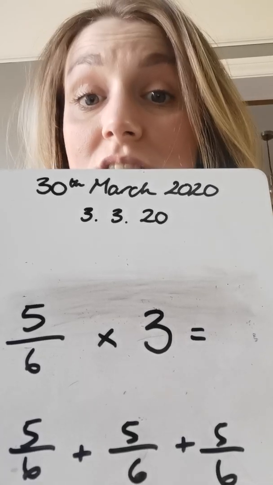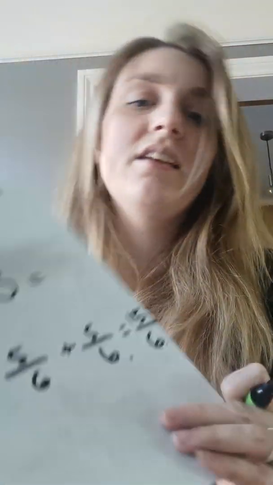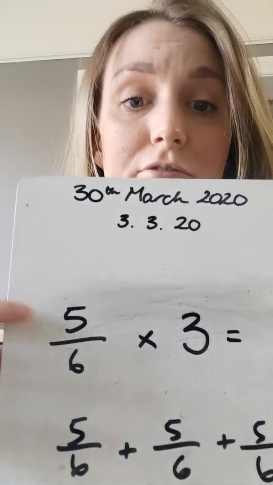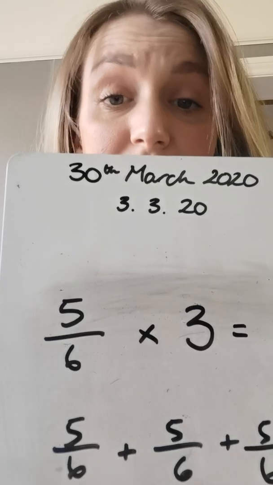When we're adding fractions, we don't change the denominator. So 5 sixths add 5 sixths add 5 sixths is 15 sixths. 5 sixths times 3 is 15 sixths. Okay? So repeated addition is a great way of going around that, just thinking what that number sentence really means. They're saying they want 3 lots of 5 sixths. That's the same as saying 5 sixths add 5 sixths add 5 sixths.